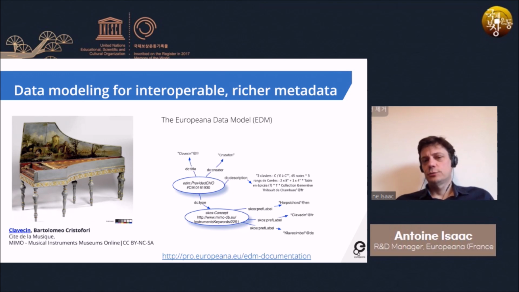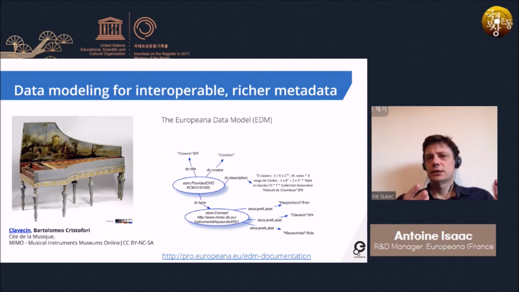Inspired by linked data, we were able to come up with a data model that we think enables our service to work better, where the data does not only consist of simple text strings, as it used to be maybe 20 years ago. The metadata now consists of a network of connected resources that stand either for the cultural object or for entities around it, like the persons involved in the creation of the object, or the concepts that the object is about.